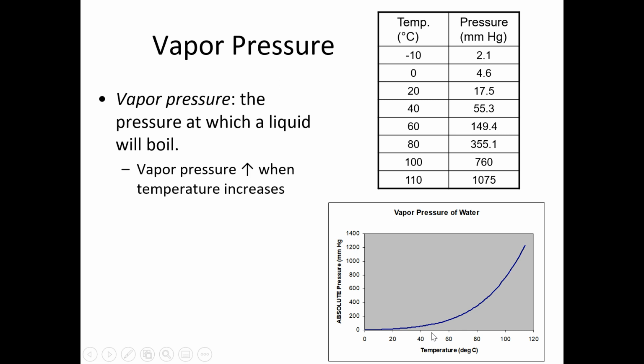So if you have a pan of water at 40 degrees Celsius, that water's not going to boil off, but it is going to evaporate away at 40 degrees Celsius. But it'll evaporate a lot faster at 80 or 90 because the vapor pressure is so much higher. So it's not a linear relationship. It's exponentially increasing.